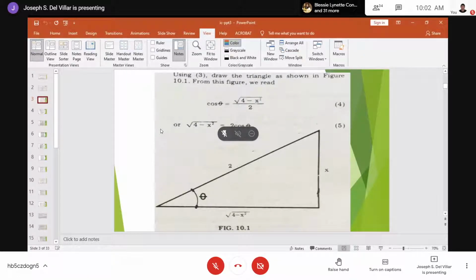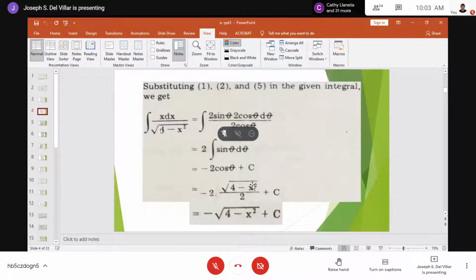Just remove the 2: divide both sides by 2 so that you get cosine theta is equal to the square root of 4 minus x squared all over 2, or 1/2 times the square root of 4 minus x squared. We just substitute this here. So, we have negative 2 times this one plus c. We cancel 2. And that's why the final answer is negative of the square root of 4 minus x squared plus c.